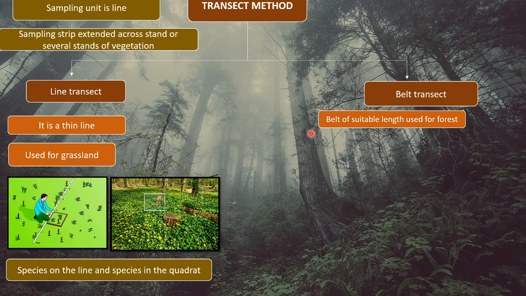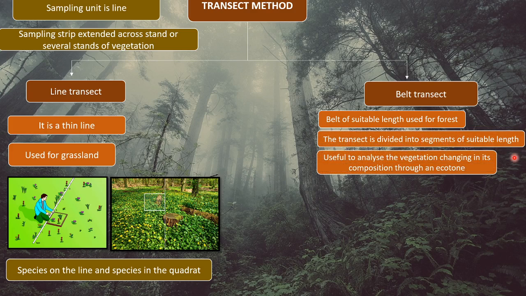When two lines are taken parallel, then it forms a belt, and therefore it is called a belt transect. Here a belt of suitable length is used for forests. What is done actually is that the transect here is divided into segments of suitable length.